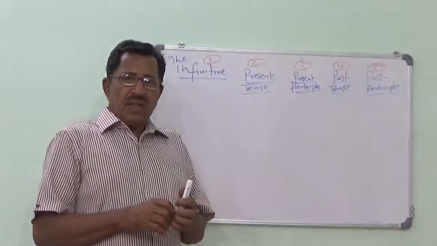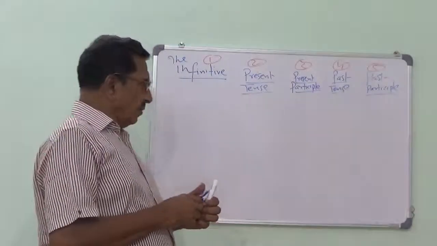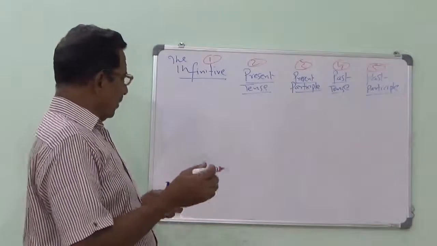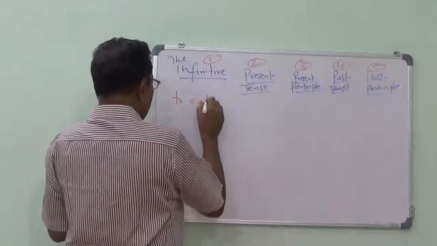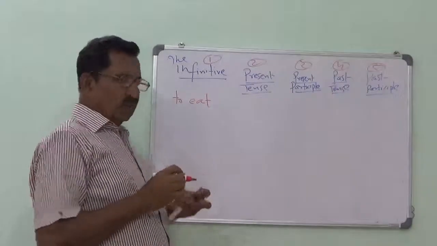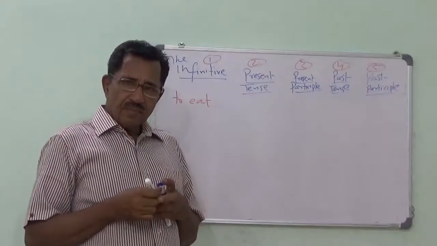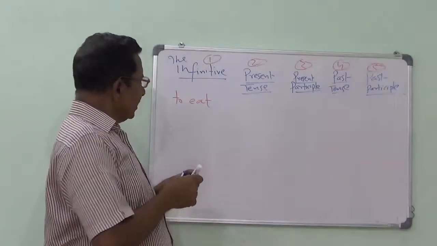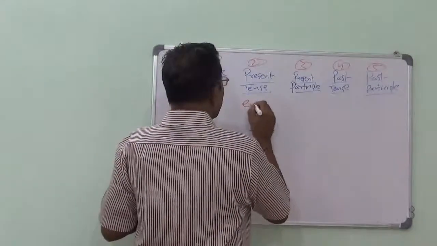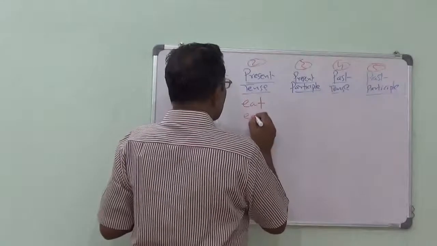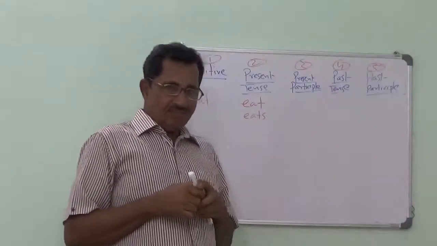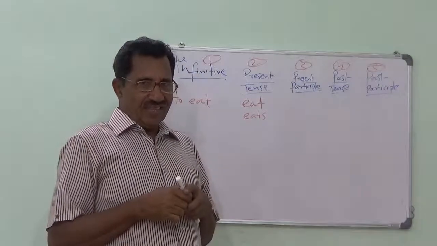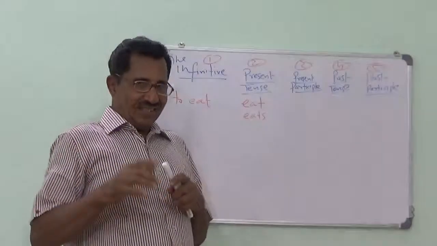Now, there is another point to see. See the word that you very often use, eat. To eat. What is the present tense? Eat, eats. Same. But when you come to past tense, there is some difference.